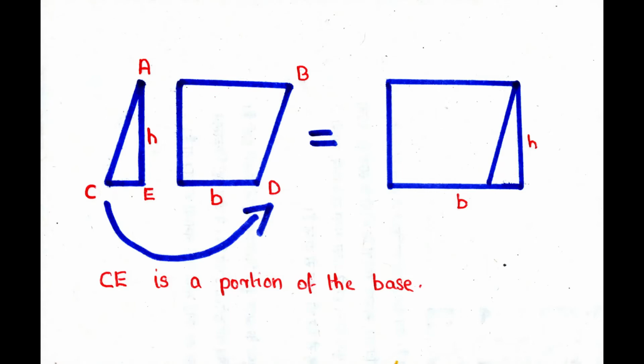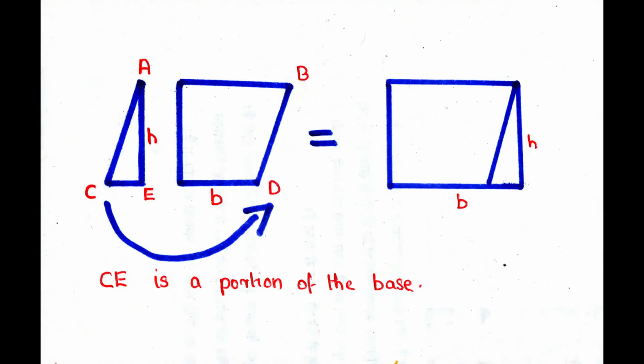When the parallelogram transformed into a rectangle, the height of the parallelogram got changed into the breadth or the width of the rectangle. The portion CE of the right angled triangle AEC, when taken to the other side, got joined with the other portion of the base ED to form the full length of the rectangle.